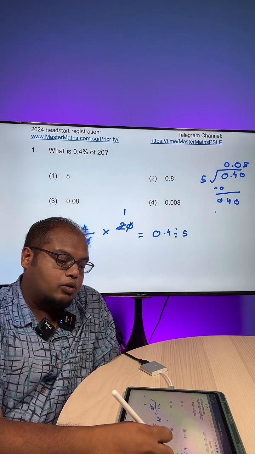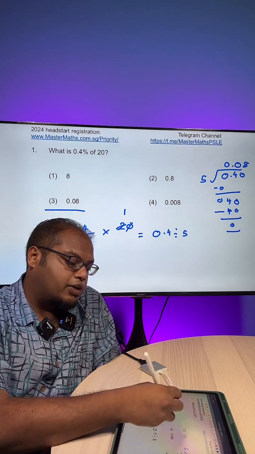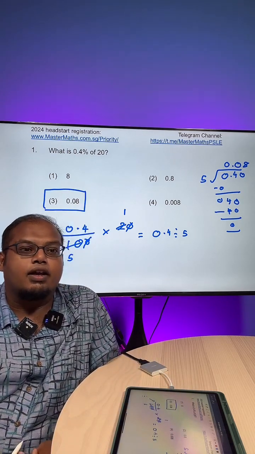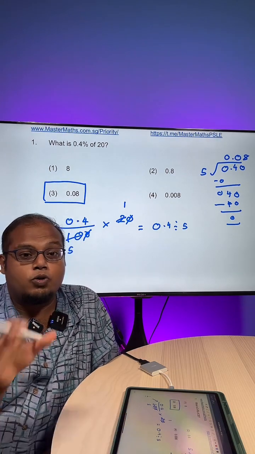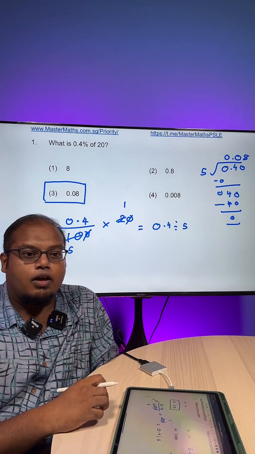Minus 40, 0. So the answer is actually 0.08. So the answer is 3. All those who just now put 3 on the chat, good job.